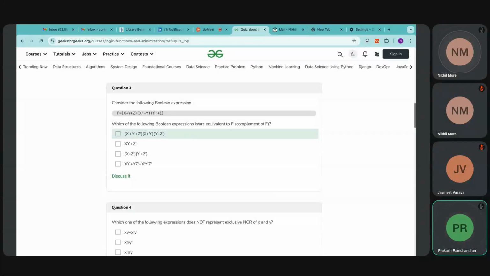Sum of product is more of an ORing, in which F is equal to sum of product 1 into sum of product 2 into sum of product 3, correct? Right. So that's the way we look at it. At least it gives us some idea that you can have a combination of the two in the expression, but we have to solve each separately and then come up with the conclusion, right?